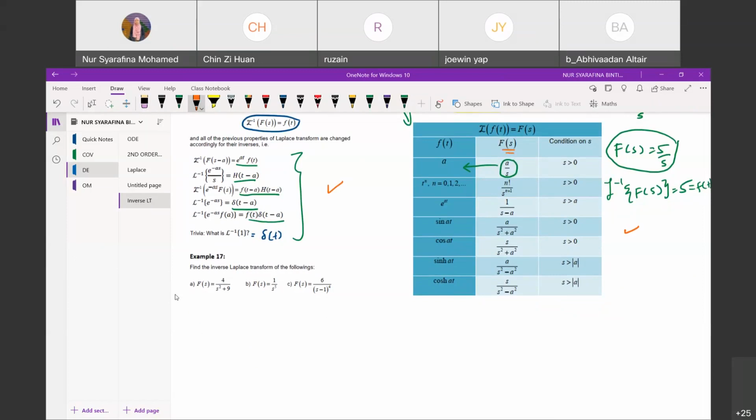Is it a over s? Of course not. Is it n factorial over s to the n plus 1? Of course not, because we have plus 9 there. So which form is the most suitable? Try to understand the function here.